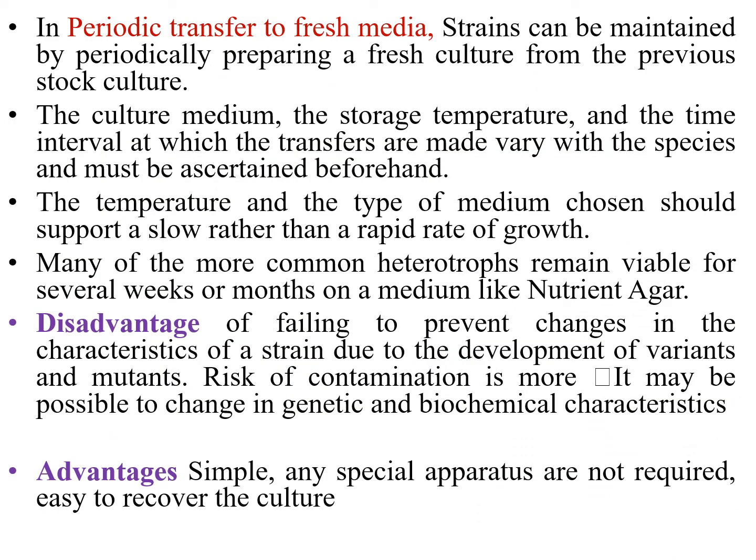So first, the periodic transfer of fresh media. The strains can be maintained by periodically preparing a fresh culture from the previous stock culture. For example, if this is the previous stock culture, again we make a fresh culture with the help of this previous culture. Periodically means time to time preparing fresh culture from the previous stock culture.